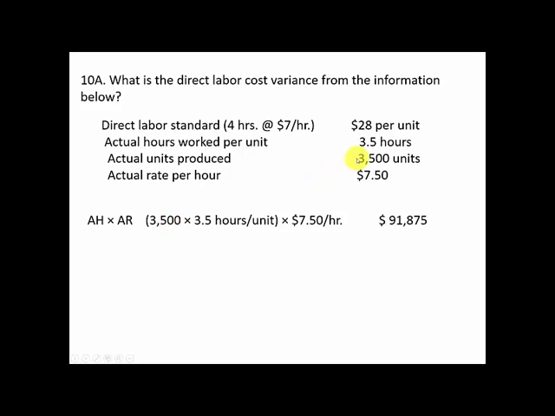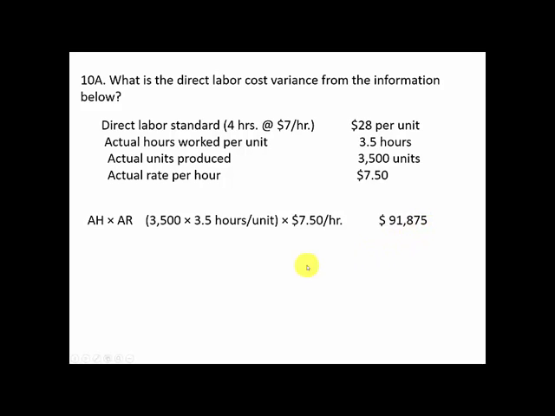So it's 3,500 units that we produced times 3.5 hours per unit, which was the actual hours that we used to make each unit, times the actual rate that we paid, which was $7.50. So our total amount of actual labor in dollars was $91,875.